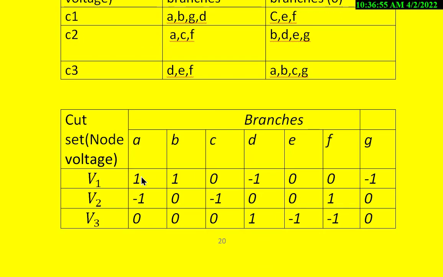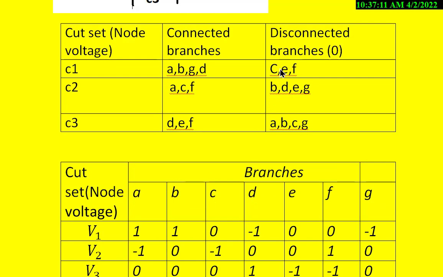Here plus 1, here also plus 1, whereas D, G, because they are entering node 1, get the minus 1 sign. The rest of the elements are disconnected elements, that is C, E, F, so they get the 0 values.